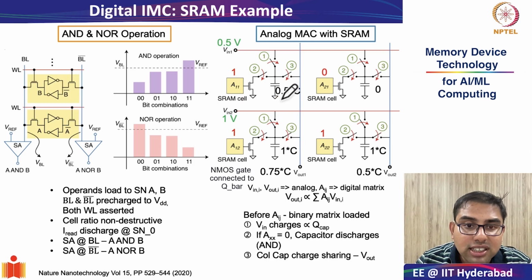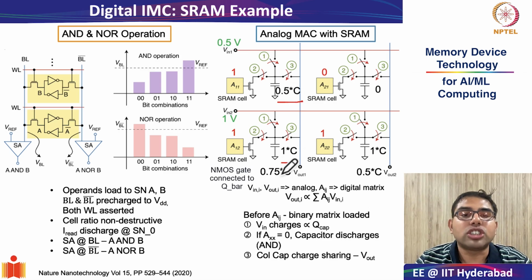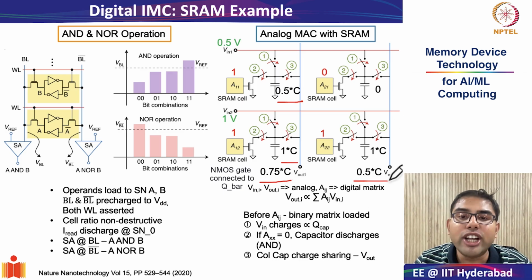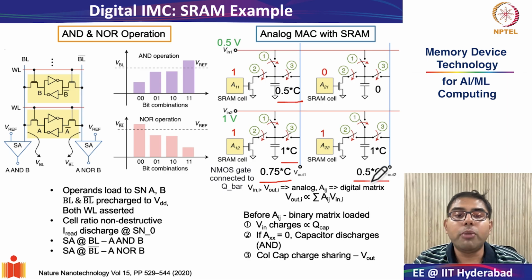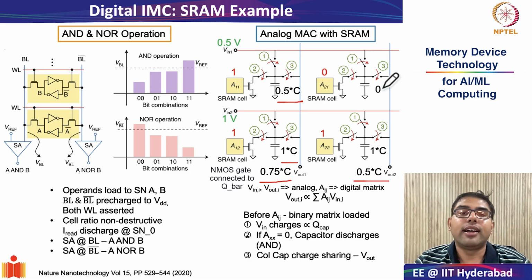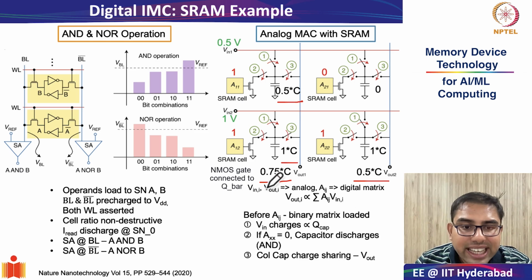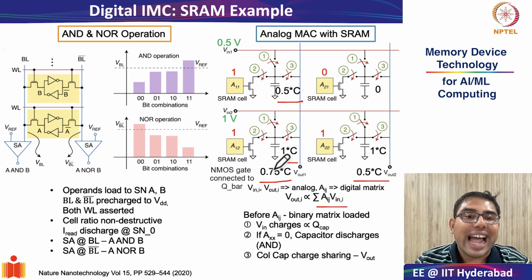Now see, if there is charge sharing between 0.5 C and 1 C, the net charge will be 1.5 C, and here it will be 0.5 C. The net Vout 1 will be 1 C plus 0.5 C divided by 2, and for Vout 2 it will be 0.5 C plus 0 C divided by 2, and as you can see, the value will be proportional to the output. The actual output is 1.5. This is just half, or 0.5 into C, and similar is the case with Vout 2 as well.